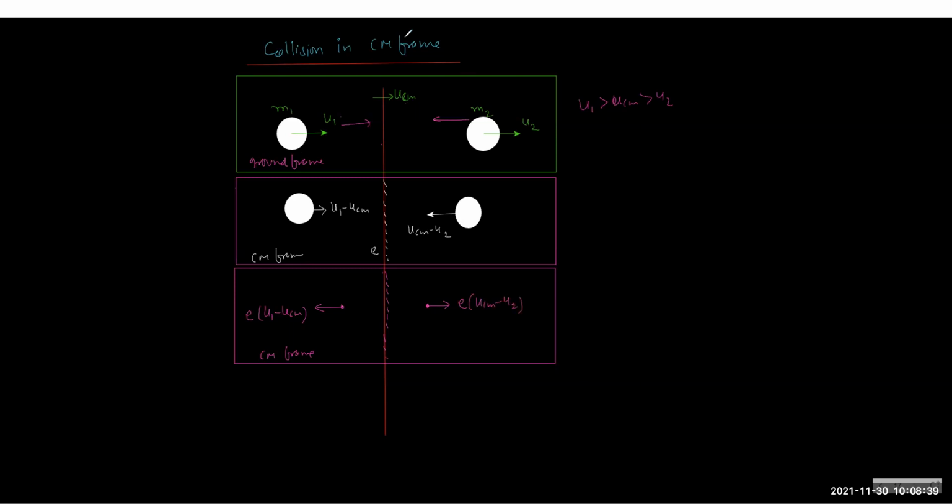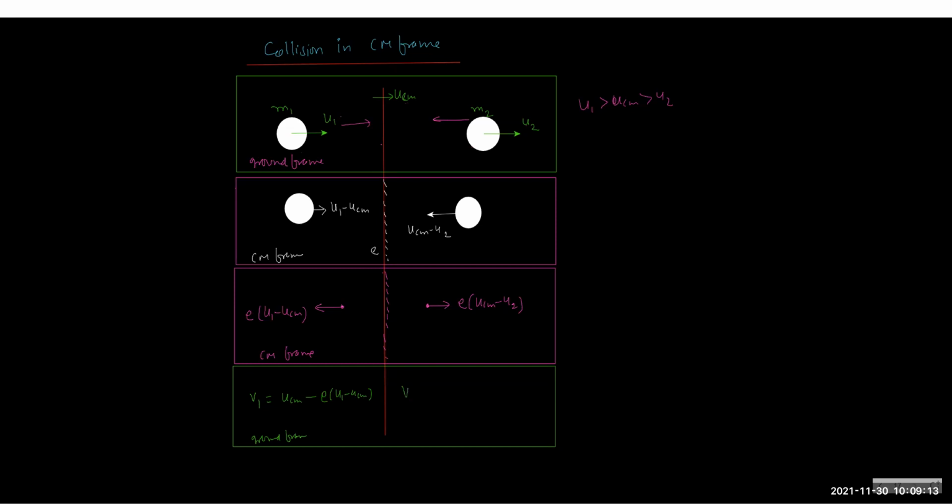But as the discussion has ended, we are interested in getting the answer in the ground frame again. So I want the answer in the ground frame. So it's very simple. We know the center of mass is going right, and the particle is trying to go left in the CM frame. So velocity in the ground frame will be UCM right minus e times (u1 minus UCM) left.